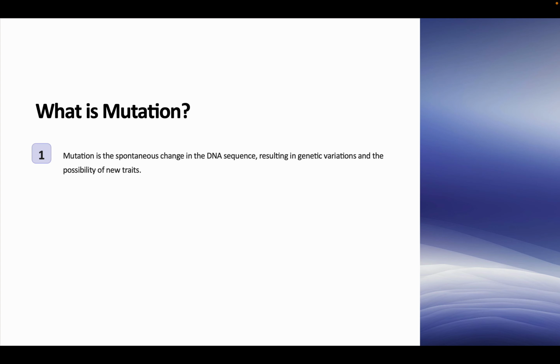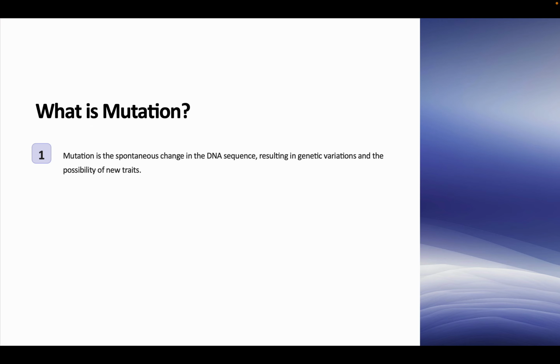So what is mutation? Mutation is a spontaneous change in the DNA sequence which can affect the protein, right? Like from the central dogma, the DNA can affect the RNA and the protein. And if the mutations are major changes, they sometimes can result in genetic variation and possibly new characteristics or new traits.